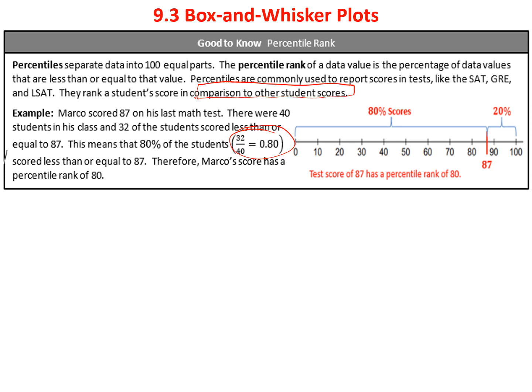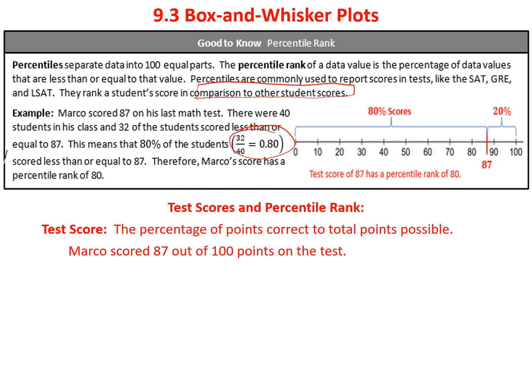The percentile language says since 80% got the same number or less, we say that Marco is in the 80th percentile. Okay? So it's telling me how he ranks. He got an 87 on the test, but he's in the 80th percentile. The test score is the percentage of points correct out of the total points possible.